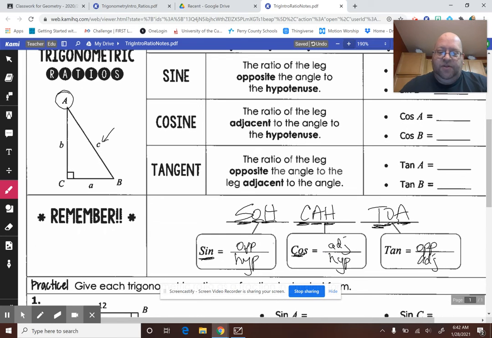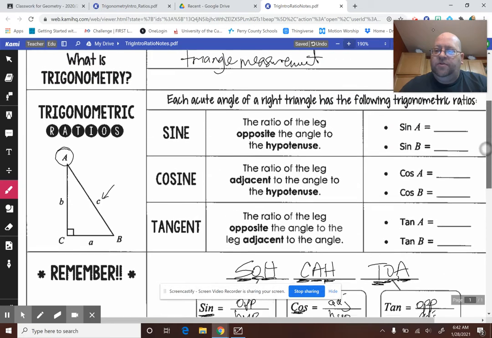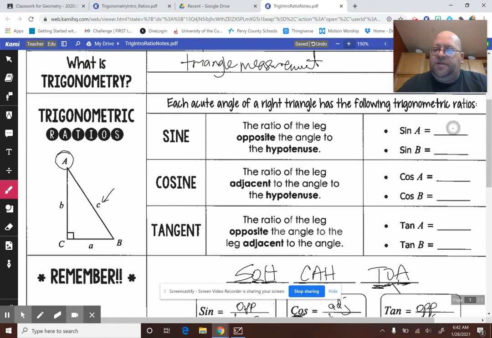If you notice, sine is opposite over hypotenuse. So I'm going to go ahead and just do the hypotenuse as C, but I know that I have to have something on the top of my fraction. Well, which one is opposite? Which side is opposite? Is it B or is it A? What I want you to think about is adjacent means right beside.